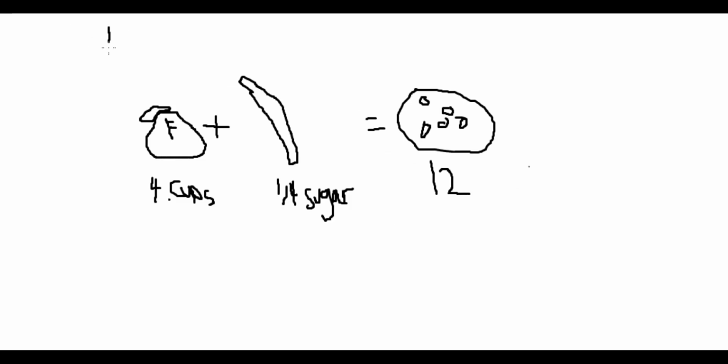Okay, now we're going to be talking about limiting reagent and excess. So let's step out of chemistry. Let's say you're trying to make a dozen cookies, and the recipe calls for 4 cups of flour and 1/4 cup of sugar.